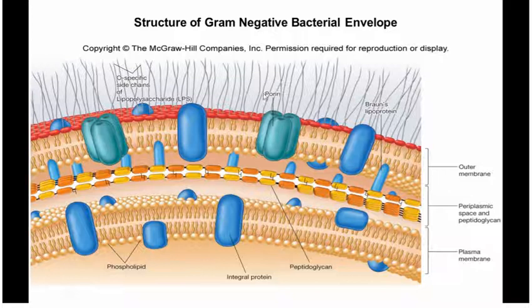And that's why membrane porins are essential to allow sugars, amino acids to diffuse into the periplasm. So porins are present in gram-negatives but not gram-positive bacteria.